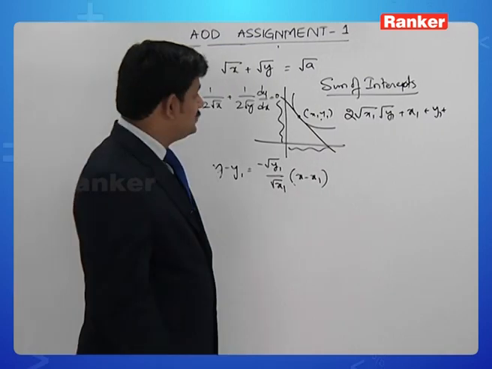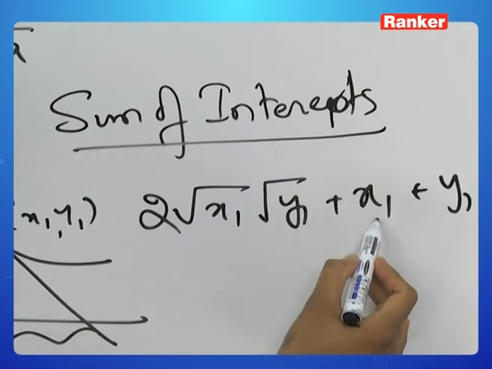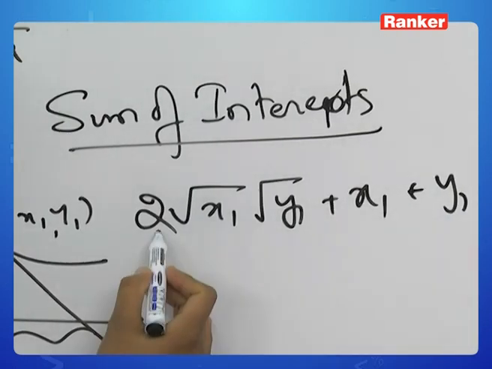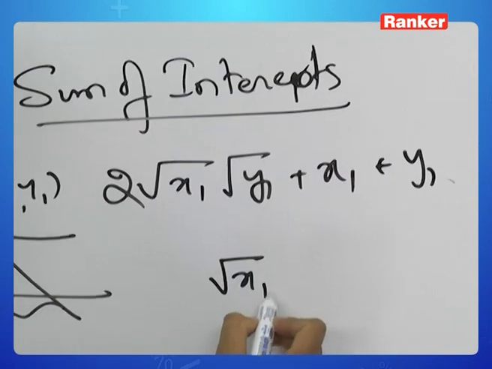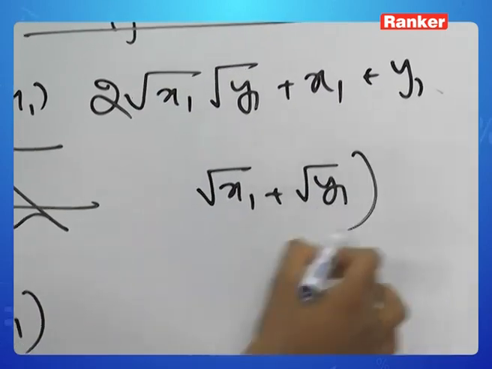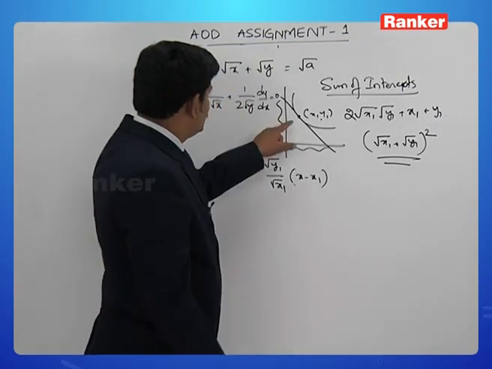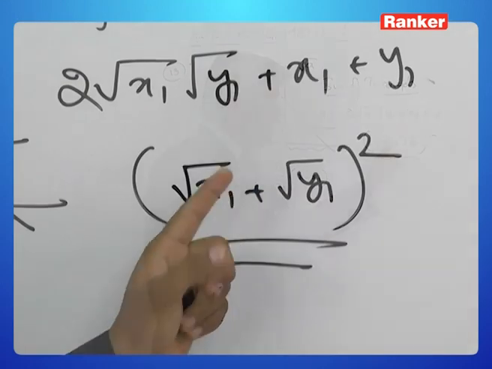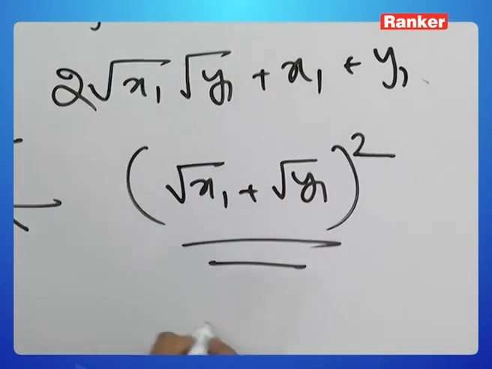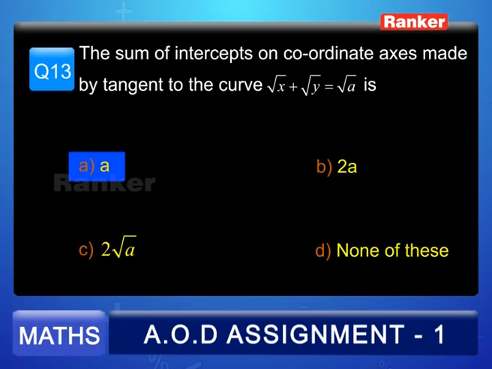So, the sum of the intercepts is x1 plus y1 plus 2 root x1 y1, which is nothing but root x1 plus root y1 whole square. And because x1 comma y1 is a point on the curve, root x1 plus root y1 is root a, and root a whole square is a. So, the sum of the intercepts is equal to a, which is option A.